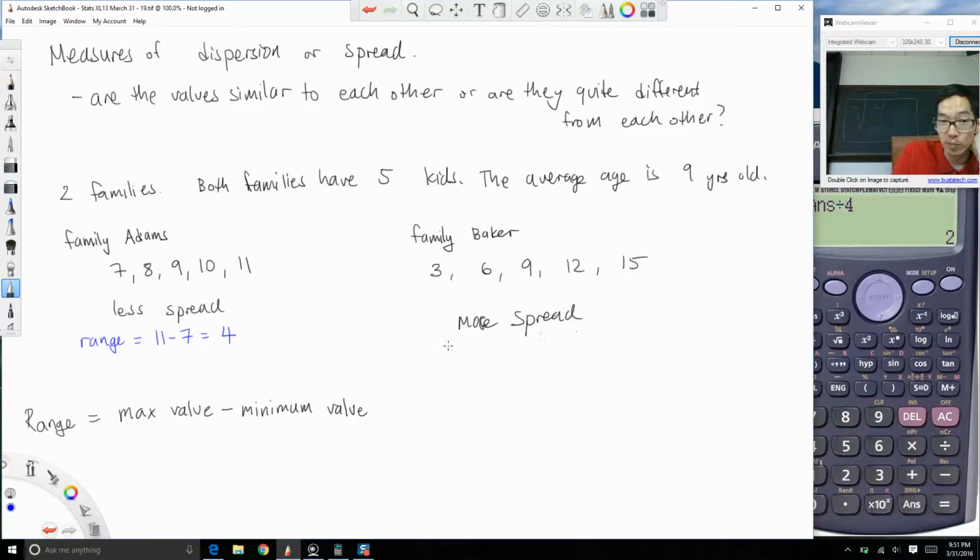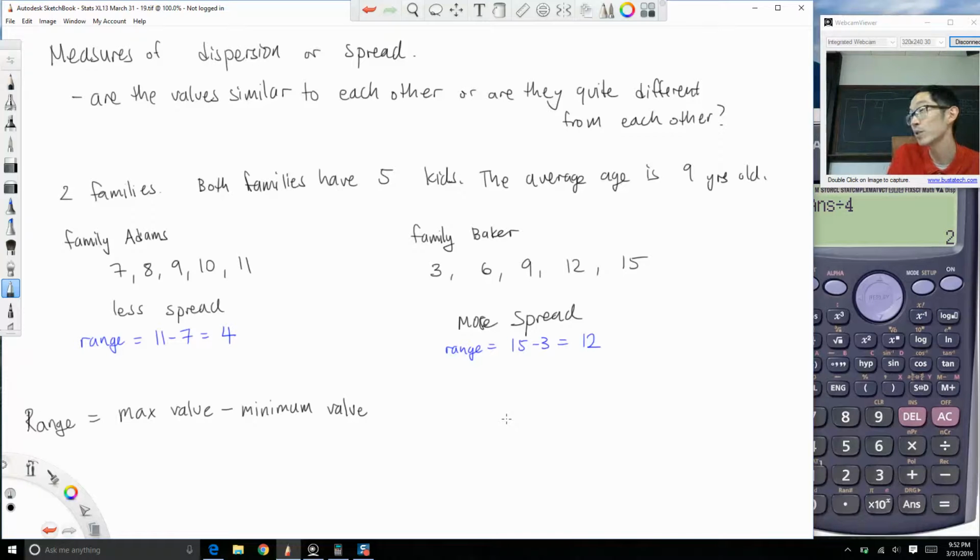And for the Baker family, the range is 15 minus 3, a range of 12 years. The relationship between the youngest and the oldest child in the Adams family will be a very different relationship from the youngest and oldest child in the Baker family, right? So that's one way to capture the idea of spread.